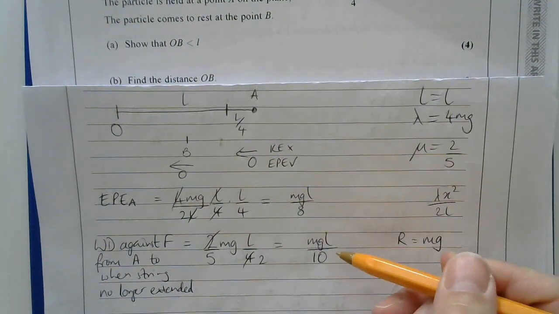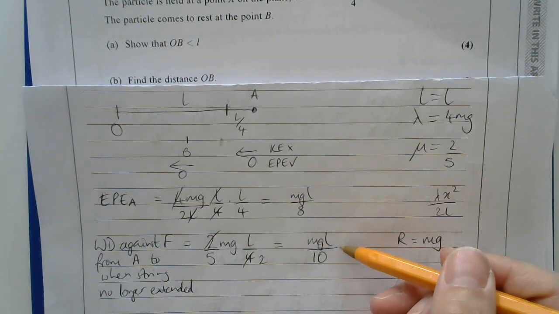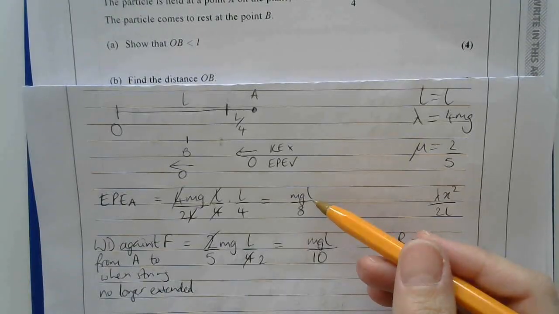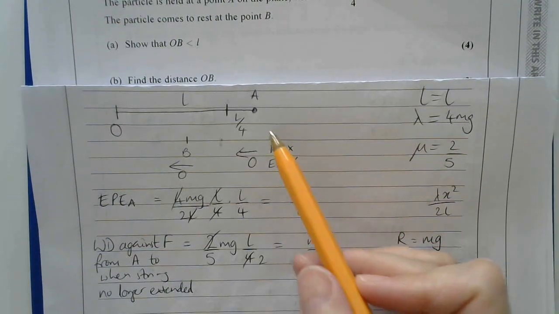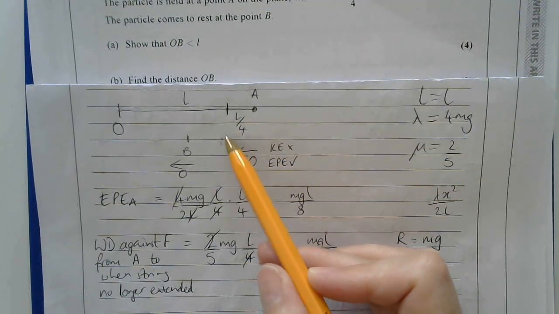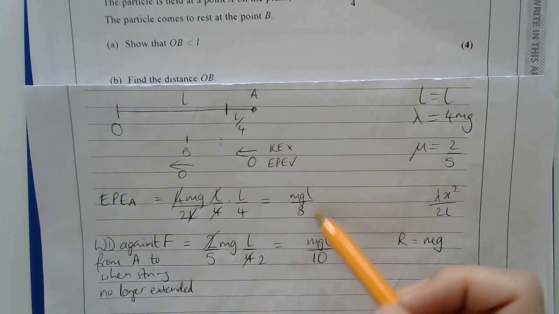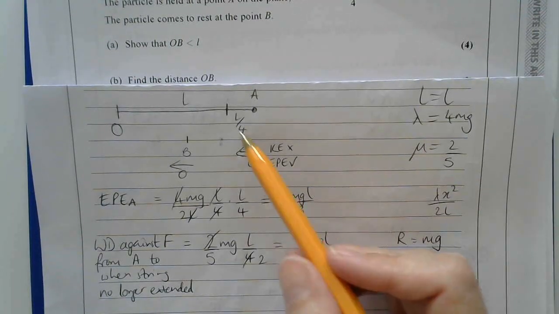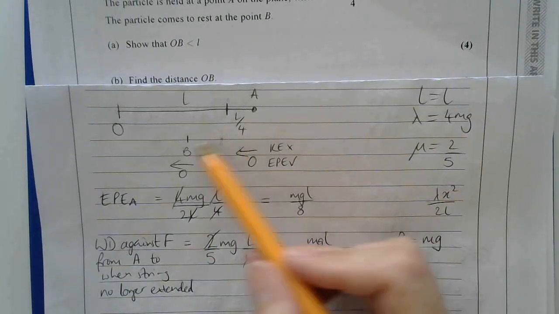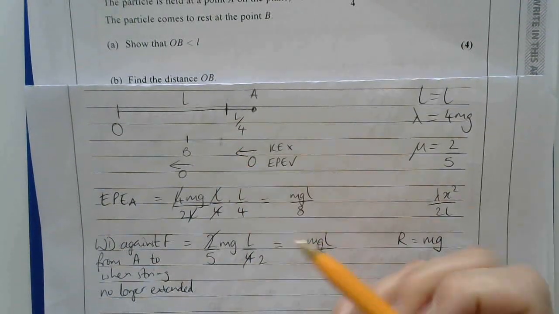So the work done against friction is smaller than the elastic potential energy. That means that when it is at this point here, there's still some of this elastic potential energy to get used up. So it would move a bit further than this point.